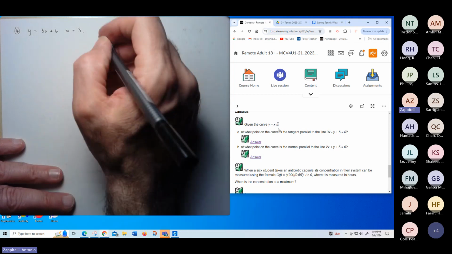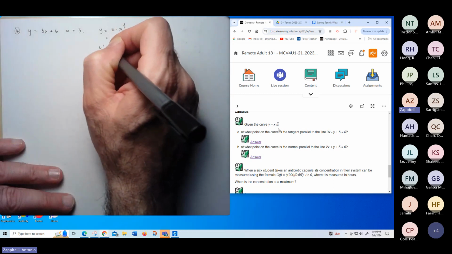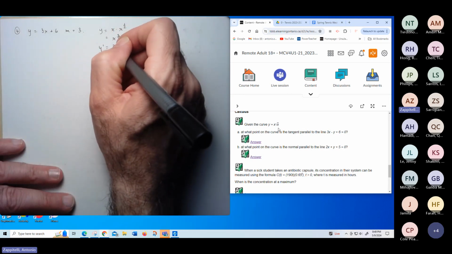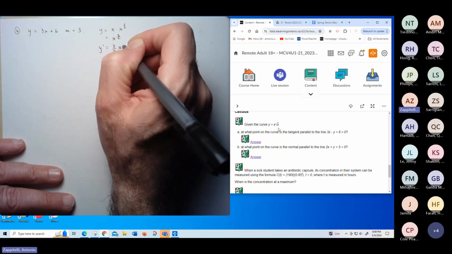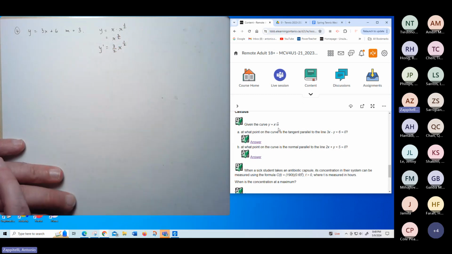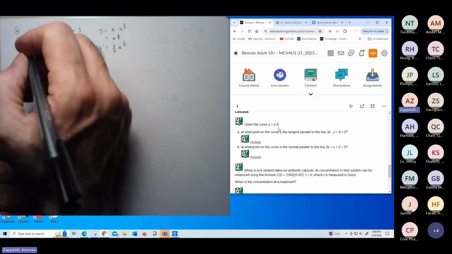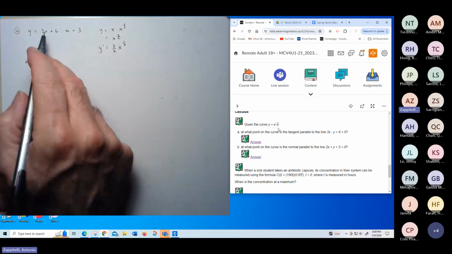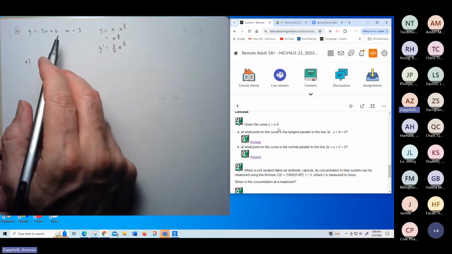So let's take the derivative now. This is very easy. It's just 3 over 2 times x to the power 3 over 2 minus 1, which is 1/2. You see how much easier it was to determine the derivative like that. So now let's do part A. When is this equal to 3?